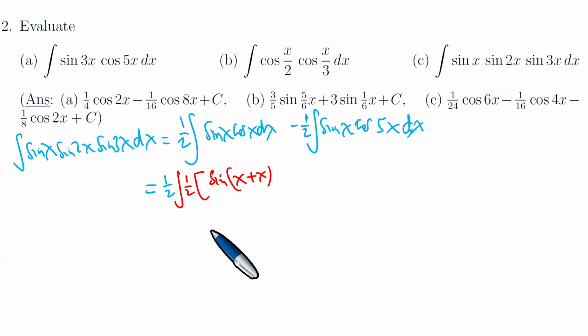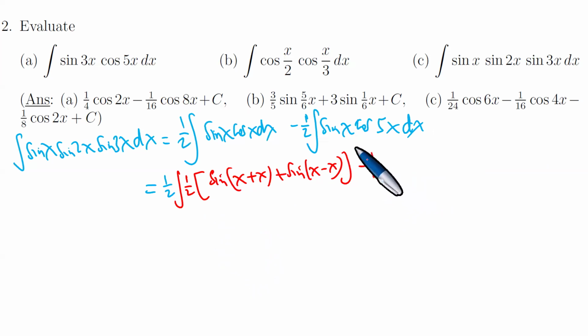And then if you subtract, it's going to be 0. That's fine. Yeah, so it's going to simplify nicely. And then it's going to just be half sine 2x, which is correct.